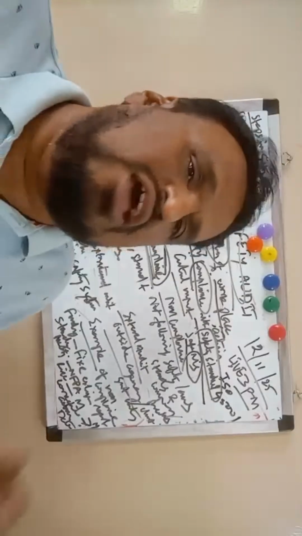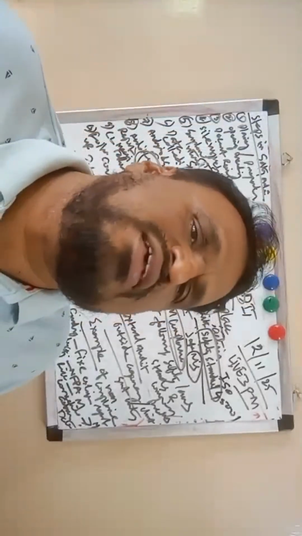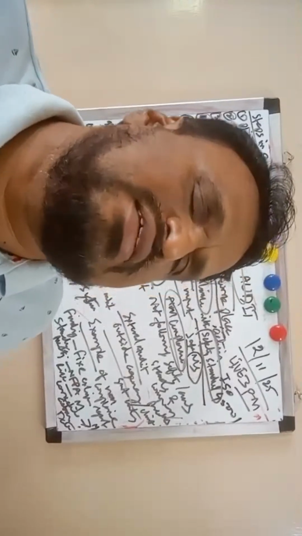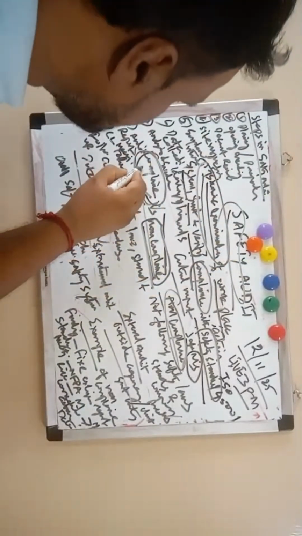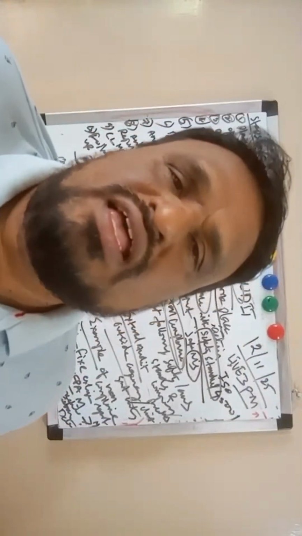It means they are not following the safety rules, regulations and standards. Compliance means they are following the safety standards, rules and regulations. These are the technical terms of the safety audit.